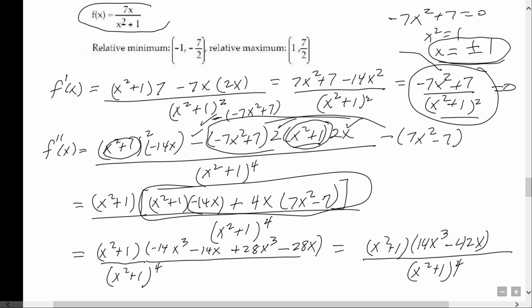Now, evaluating this at x equal 1, we get that this term is less than 0.